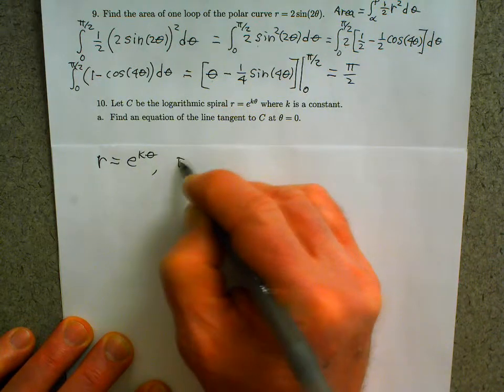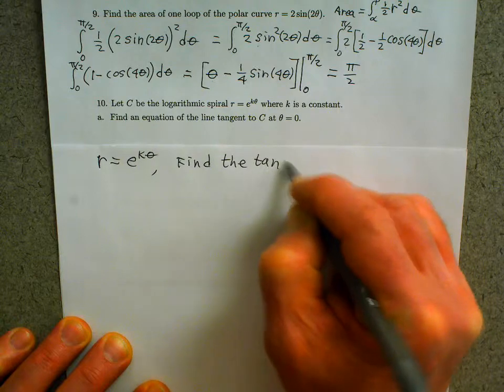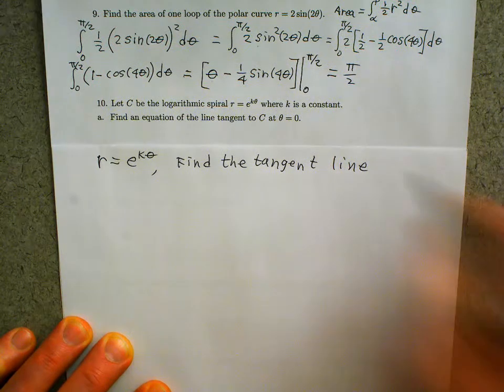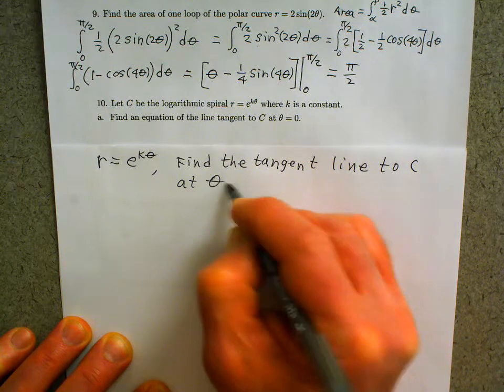So find the tangent line to C that corresponds to theta equals 0.